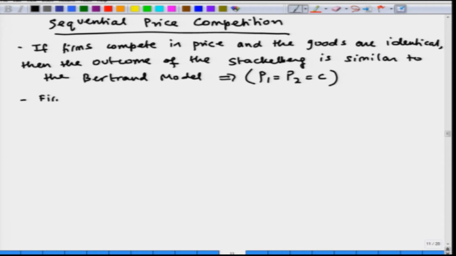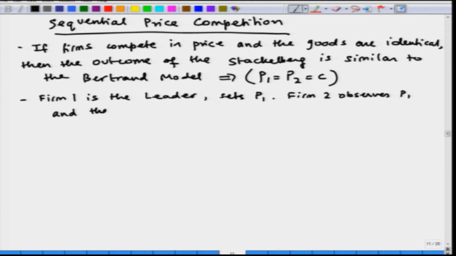So, let us again say firm 1 is the leader. So, it moves first, chooses a P1, right. Firm 2 observes P1 and then sets P2. So, firm 2 is the follower as before, right. So, the marginal cost of production is the same for both the firms.